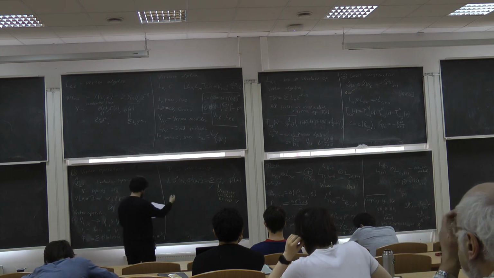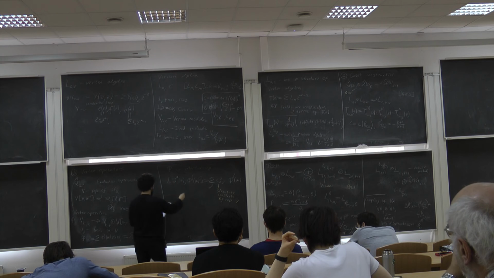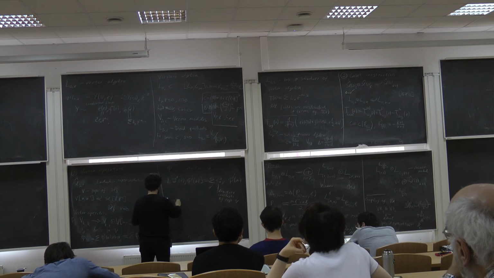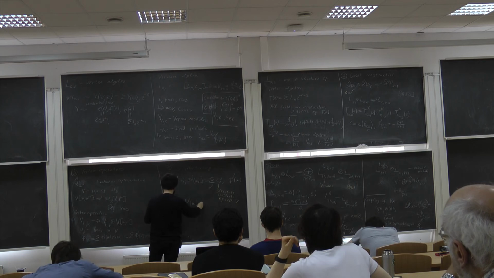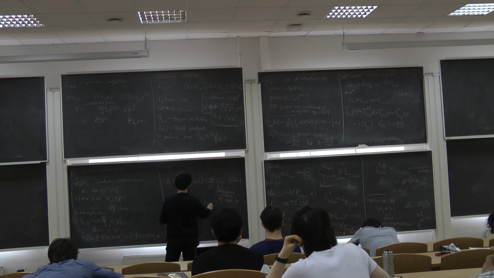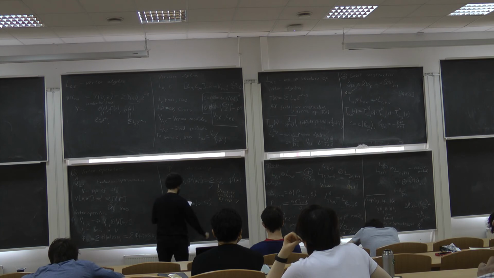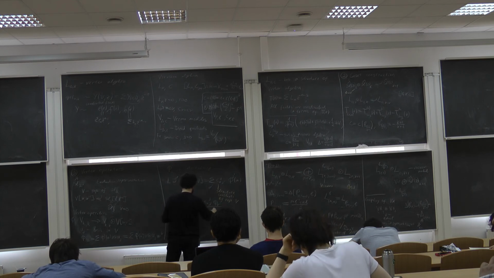If you like the language of OPE, then this is written in the form J of Z, phi_j of W is something like C_A j' G phi of W over Z minus W plus normally ordered product.